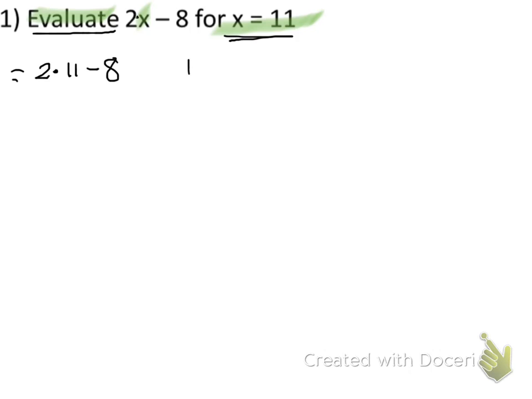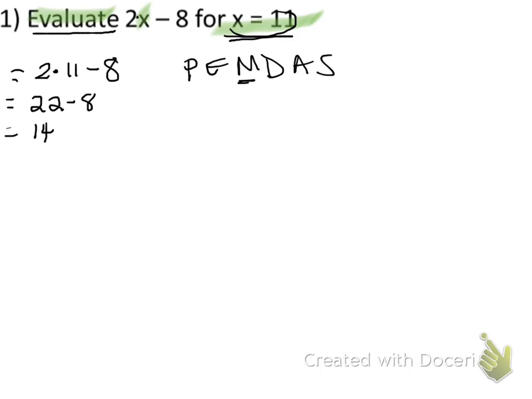Then I use PEMDAS, my order of operations, to simplify this. First, I'm going to multiply because multiplication comes first. So 2 times 11 is 22, minus 8. Then 22 minus 8 will give me 14. And I'm done. When it says evaluate, you're going to substitute, just like a substitute teacher gets put in the place of a normal teacher, you're substituting in the value of x for your x.